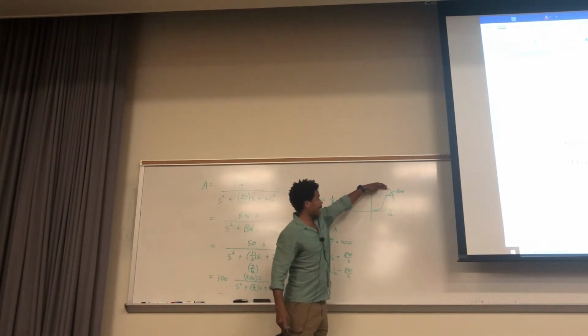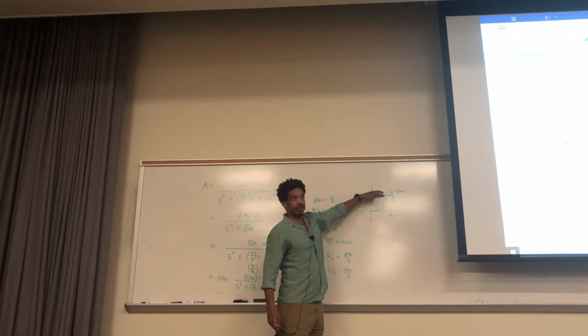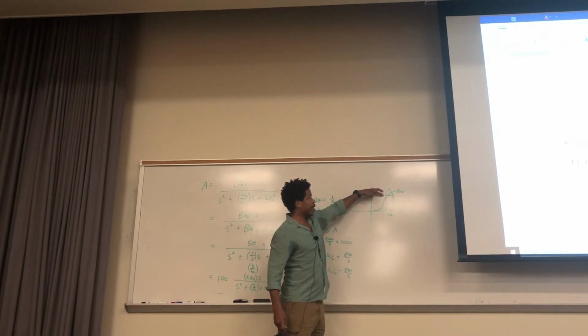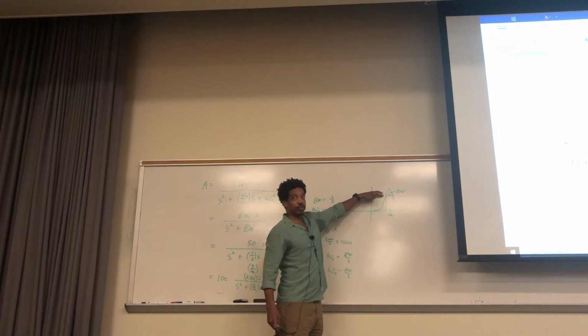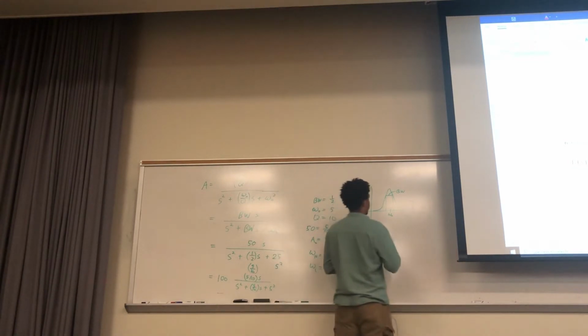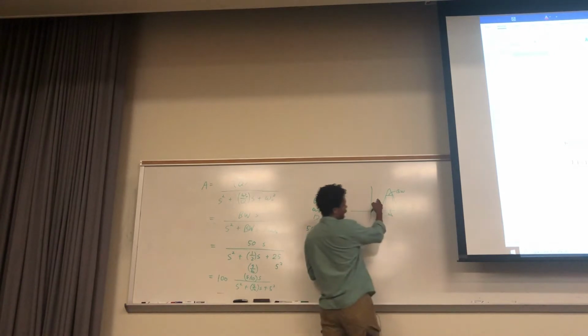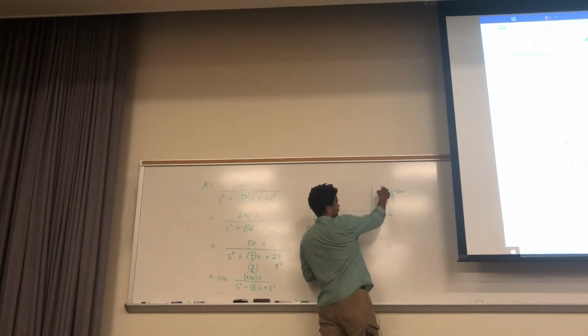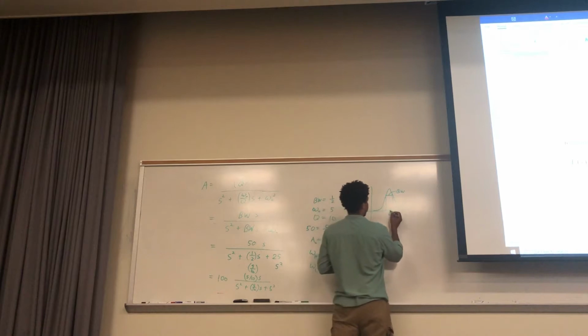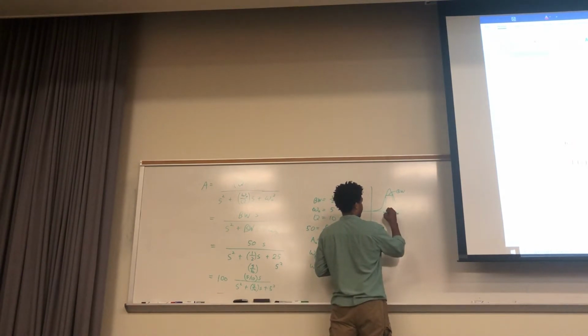Like if that's the maximum, what's that value right there? Yeah, 3 decibels down. Exactly. Whatever that magnitude is, this is down by a factor of square root of 2. That's the bandwidth. Unless you're dealing with power. If that's the max, then that's half of the max in power.